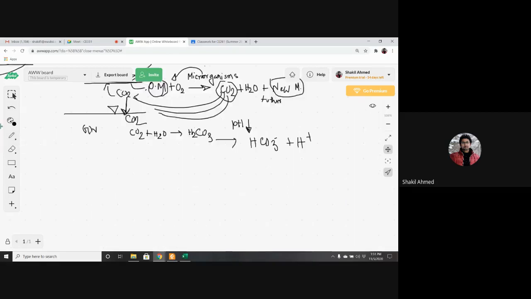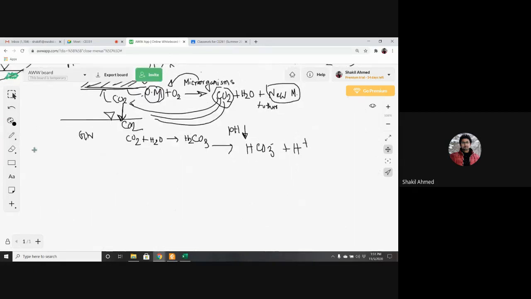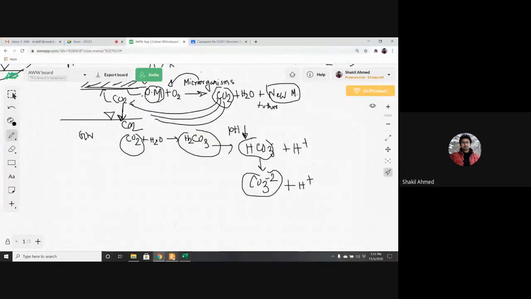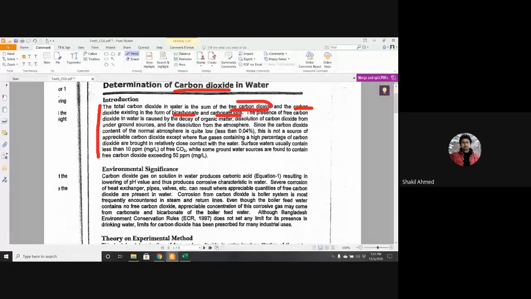And again, this bicarbonate ion can give you carbonate ion, CO3 2 minus, plus H plus. So carbon dioxide can be in different forms. Free carbon dioxide is this one, only dissolved, and the carbon dioxide existing in the form of bicarbonate and carbonate ions.